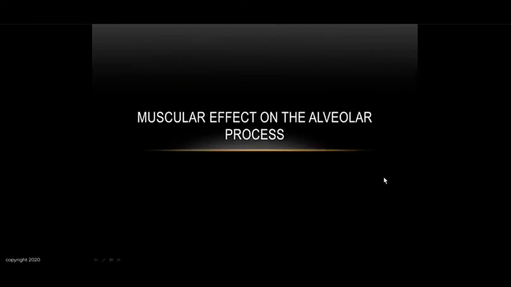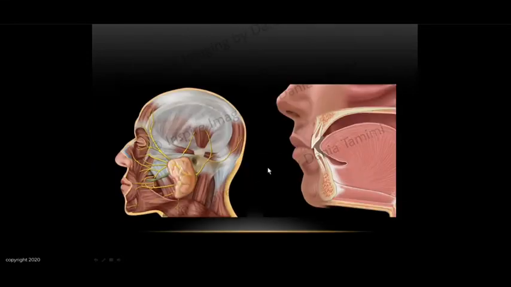Now, the story continues. With that posterior rotation of the mandible, there are some morphologic changes that can occur to the maxilla and the mandible, and that's because of the muscles that surround the alveolar processes, the muscles of facial expression on the outside, and then the tongue on the inside. And in dentistry, we know that the teeth erupt into the neutral zone, a space in between those groups of muscles, where the net forces are zero between here and here.